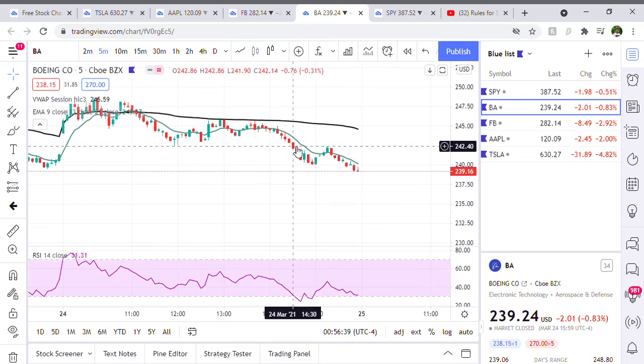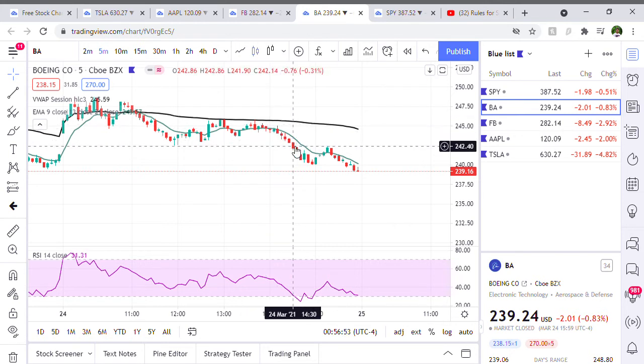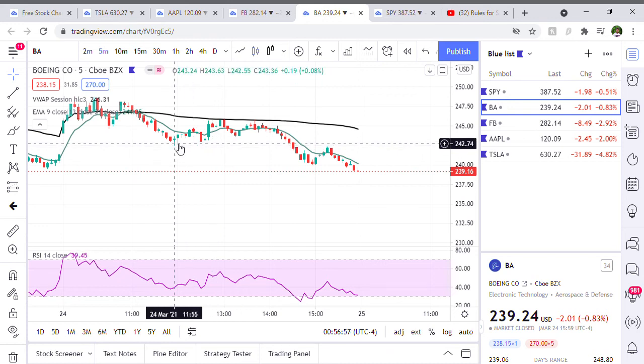This is 2:30 p.m. RSI is downward. The 15-minute candle is below VWAP. 9 EMA is pointing downward, and it touched the 9 EMA and came down. My entry should be what I said. Low was 242.55, so my entry should be 242.35.